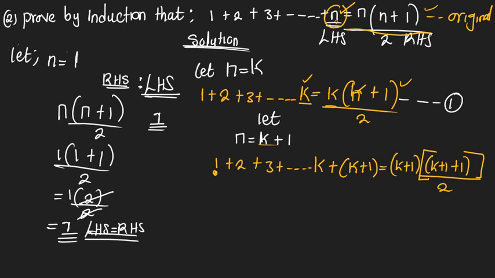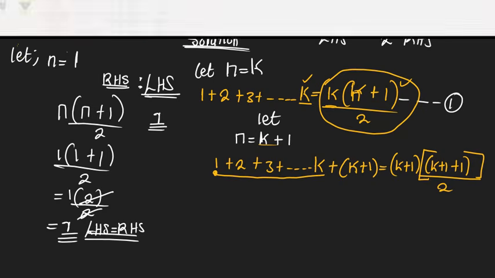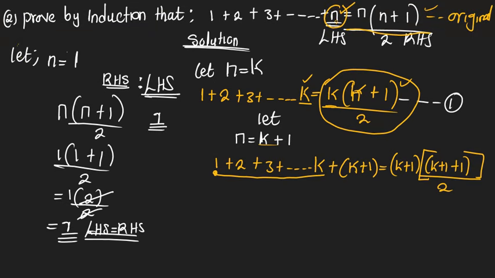From this part here to this part, we know that we found this. So I'm going to replace. This is going to be k, then k plus 1 over 2.